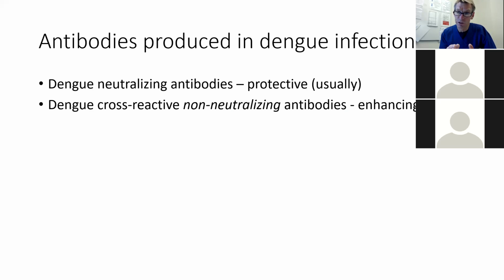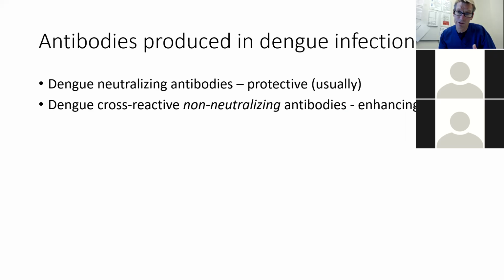There are neutralizing antibodies that are generated to dengue that enable the immune system to get rid of the virus. But there are also some other sorts of antibodies, and these are non-neutralizing antibodies. They combine with the virus, but they don't have the effect of enhancing the immune system to deal with the virus.